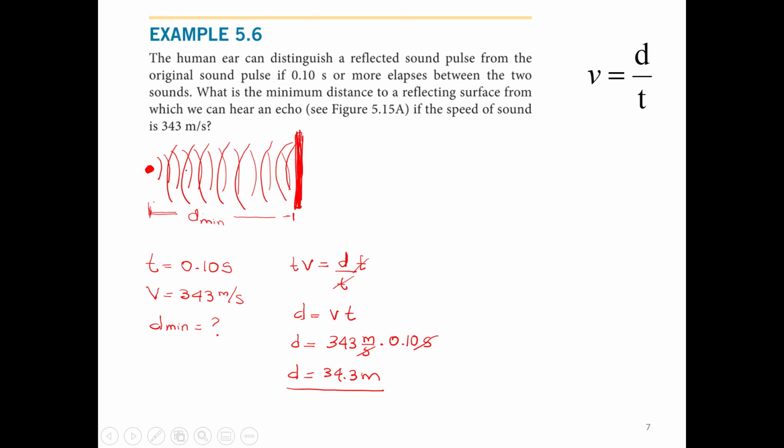Then we don't want all this distance, we just want from this point to this point. Then what we want to calculate is half of this distance. And here we have to be careful with the significant digits. We had two significant digits here, then this should be 34 meters.